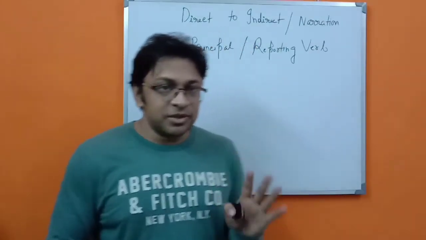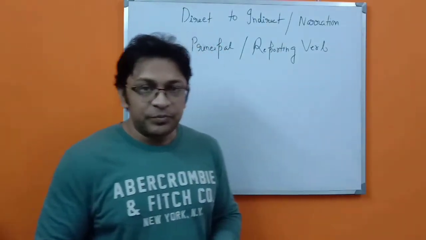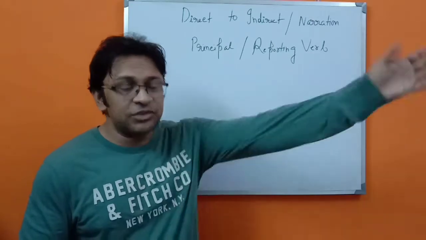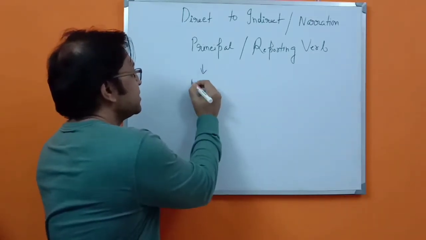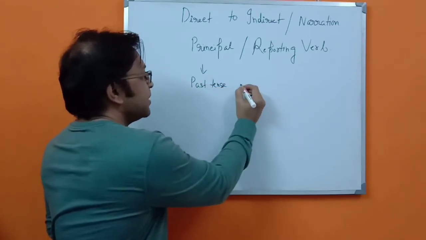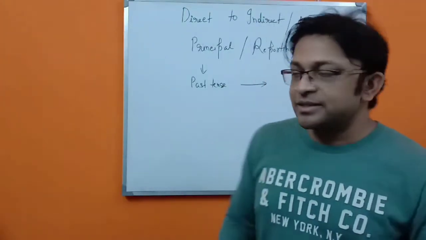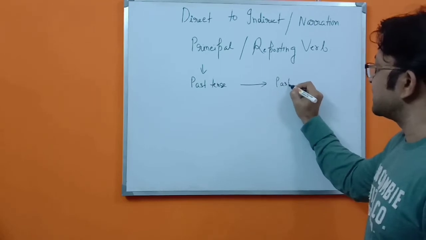The verb is the most important thing because the principal verb tells you in which tense you are going to change the sentence. If the principal verb is in past tense, then when you change the sentence to indirect, the whole sentence will change into past tense.